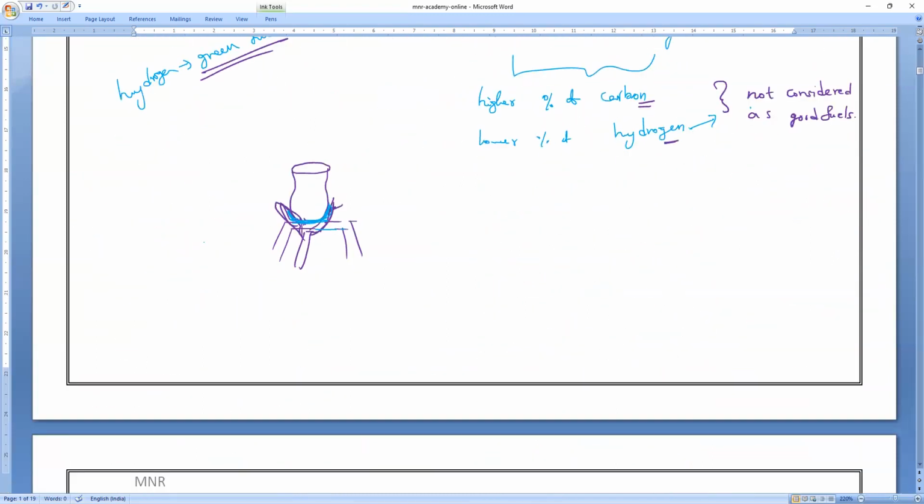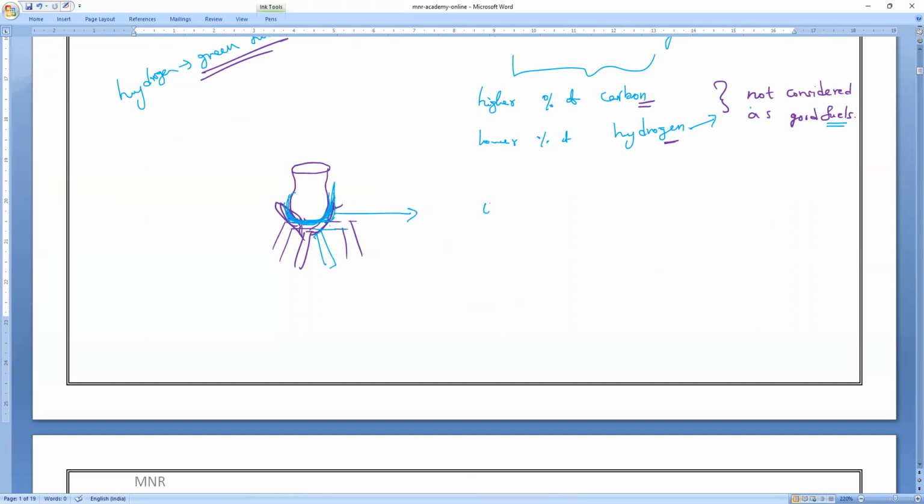But if you are cooking by burning firewood, you can notice it automatically. Even if you cook just 2-3 times, the surface of the bowl will turn black. That is because they are not considered good fuels.